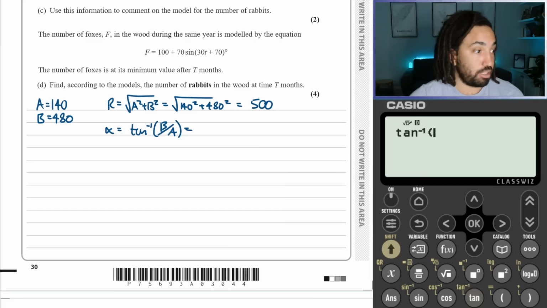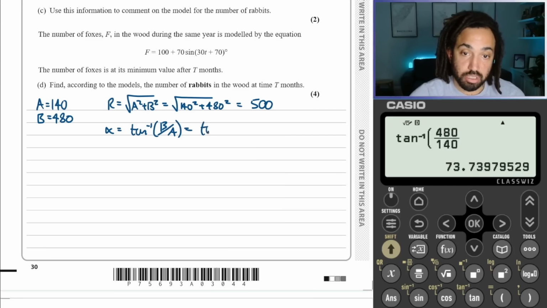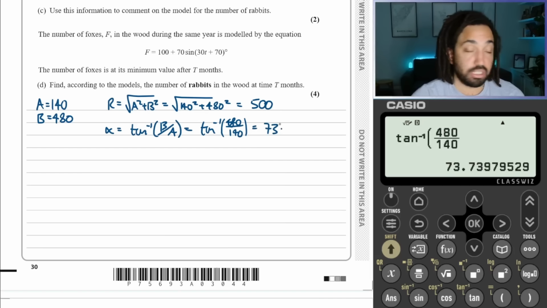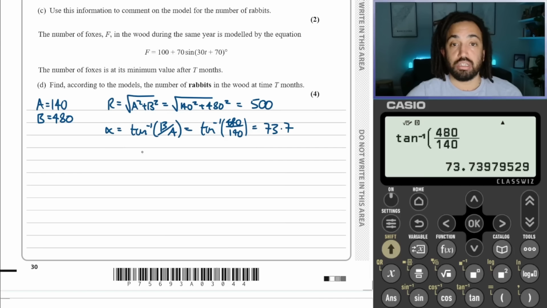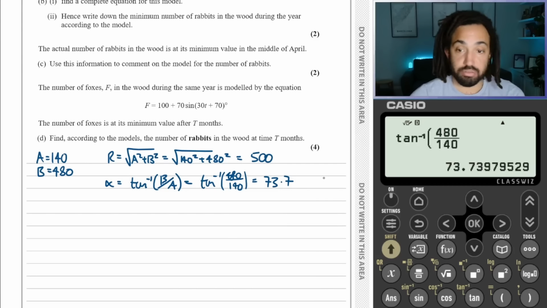Okay, so tan to the minus 1 of 480 over 140, and that gave us 73.7. Okay, to 2 decimal places, so that is 73.74.